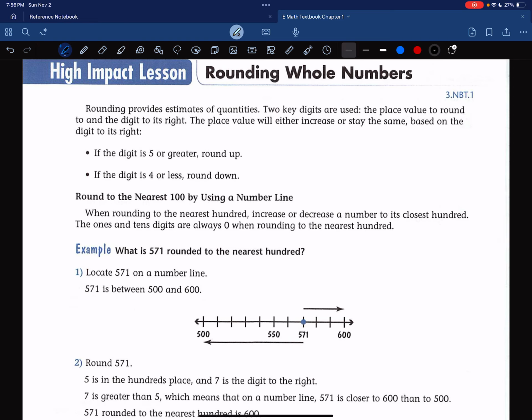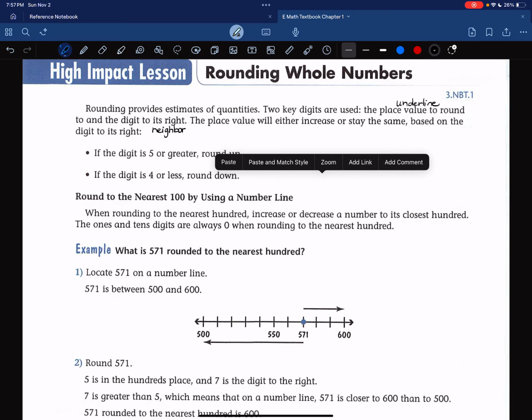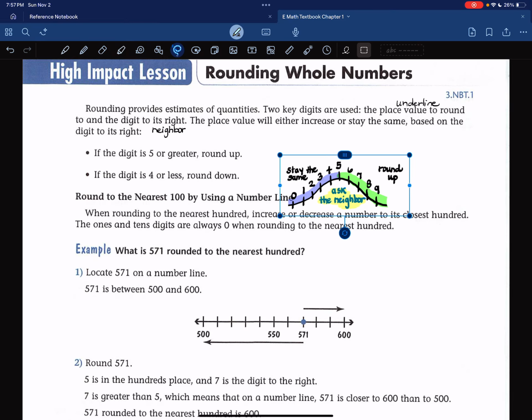Rounding provides estimates of quantities. Two key digits are used. The place value to round to, this is the one that we underline, and the digit to its right. This is what I'm calling the neighbor. The place value will either increase or stay the same. Remember this?